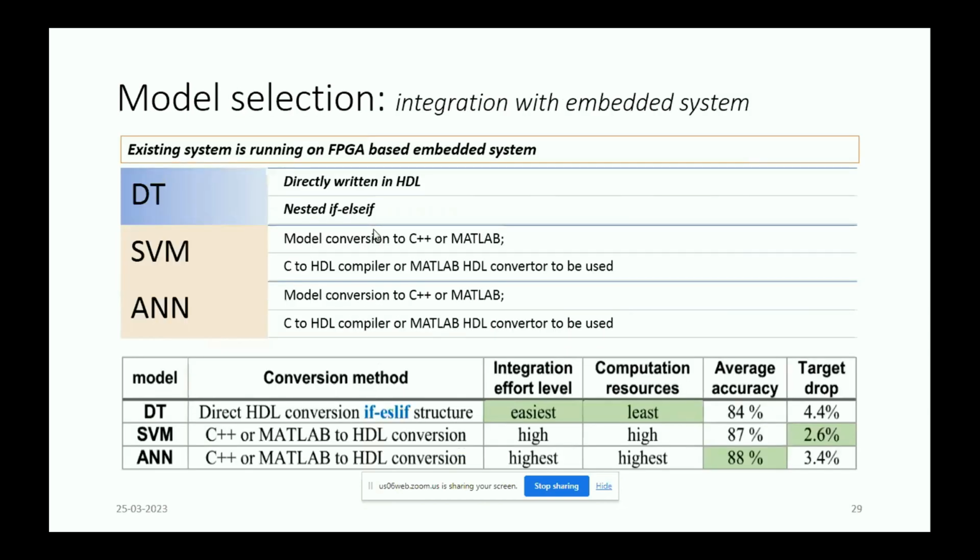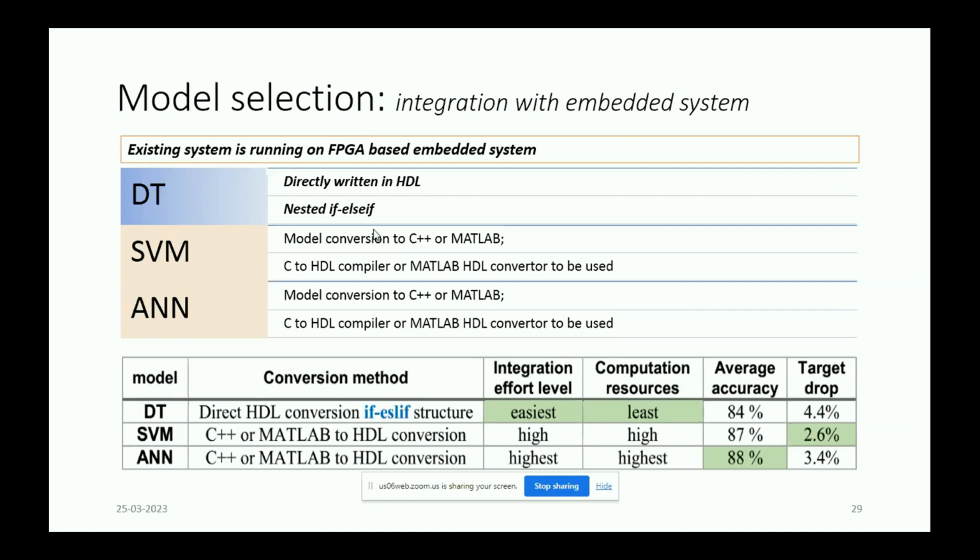Next, the final step is to select between the models, which one to integrate with our existing system. Our existing system is an FPGA based embedded platform, in which the entire coding is done in VHDL.